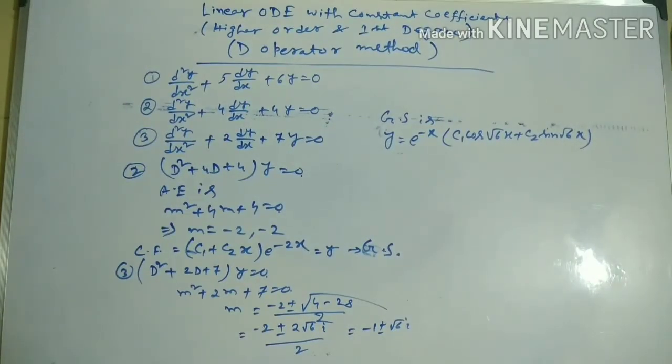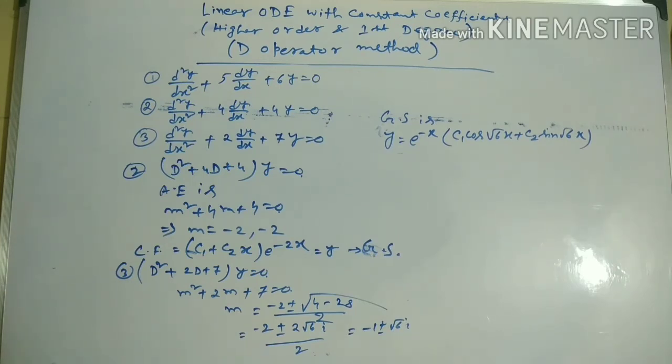So this was the discussion of how to find the complementary function of a linear ODE with constant coefficients, higher order and first degree, and I used the D operator method. For finding the complementary function there is no other method. This is the only method I just discussed.